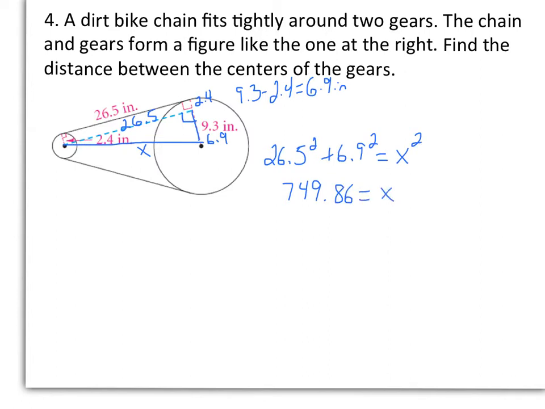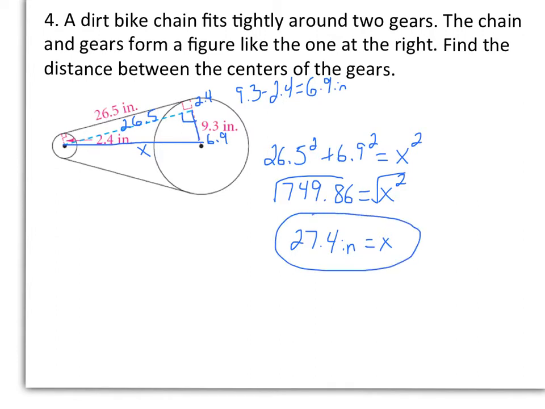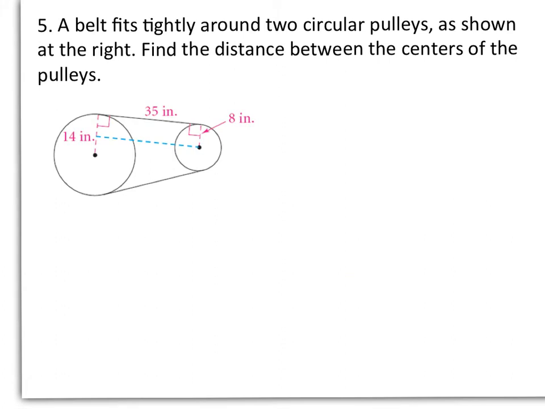That equals x squared. And then I'm going to take the square root of both sides, and rounding to the nearest tenth, I get 27.4 inches. So that equals x. So the distance between the two centers of the gears is about 27.4 inches.